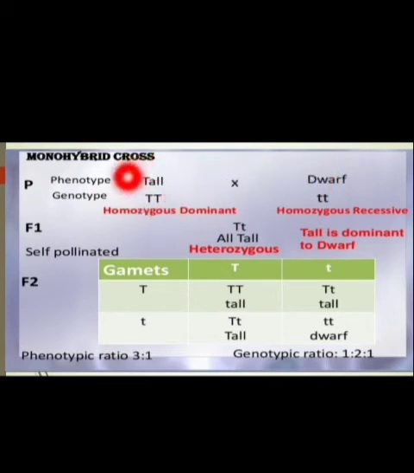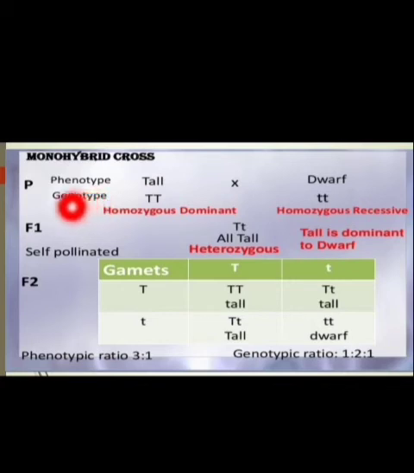Here we select only one character, that is tall. Tall is a dominant character and dwarf is a recessive character. So in this cross only one pair of contrasting characters is considered, and such a cross is called a monohybrid cross. Here capital T, these are homozygous. Small t, again these are homozygous, right?